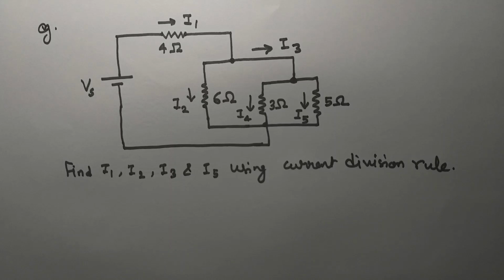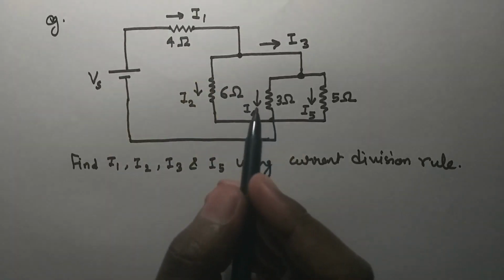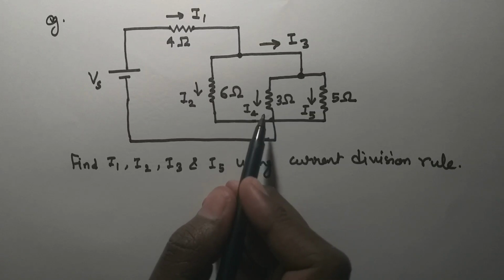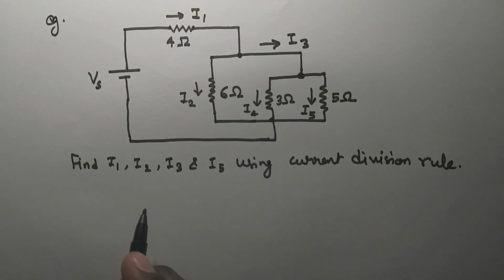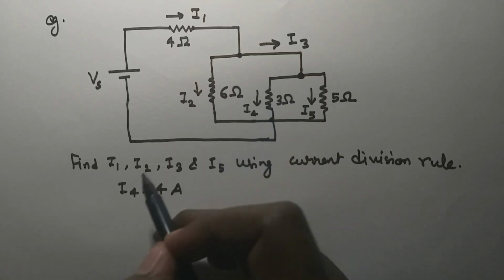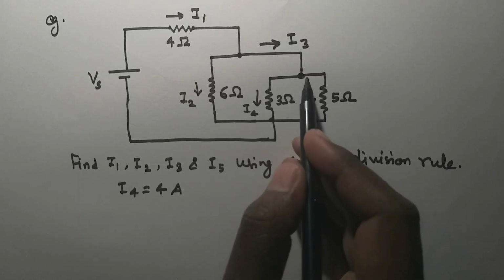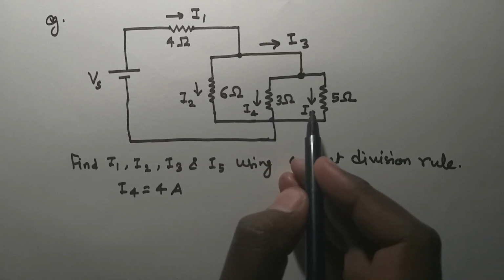So we will use the results obtained from the current division rule to find out I1, I2, I3 and I5 in this problem, whereas this I4 is given as 4 amperes. So we can start with this point and we know that I4 is given as 4 amperes and I5 is not known. So at this point we can apply current division rule to find out I5.